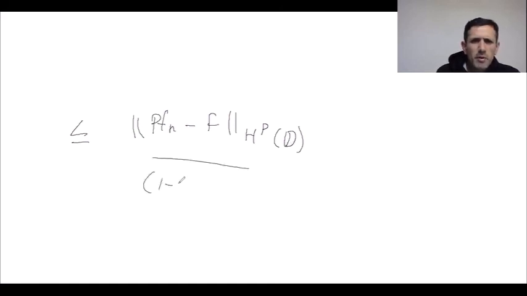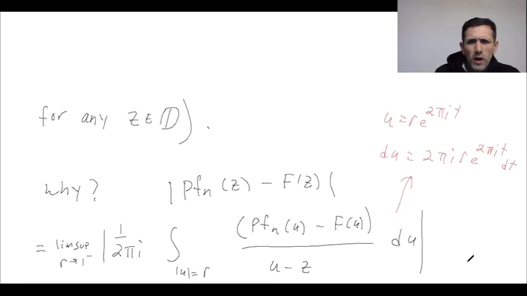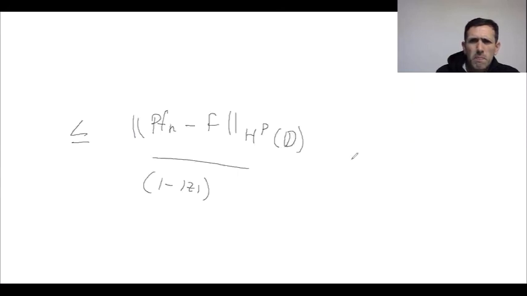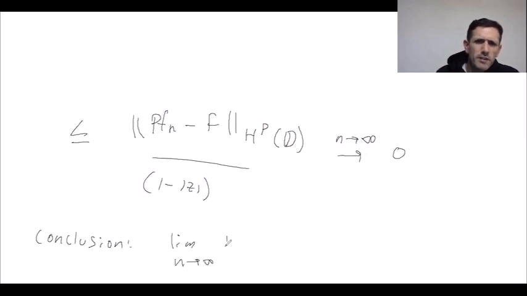And we get in the denominator 1 minus modulus z. So for fixed z, this limit here, and fixed z is all we get, pointwise, we get this here.